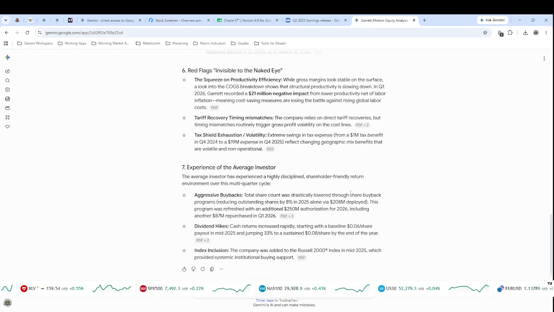The dividends are increasing, and the company was added to the Russell 2000 in mid 2025, which provided systemic institutional buying support. Okay. The one thing here for me is not going to be what you think.